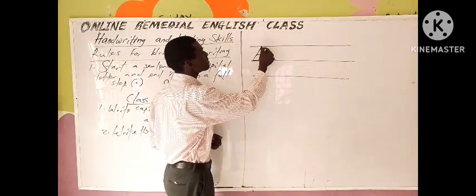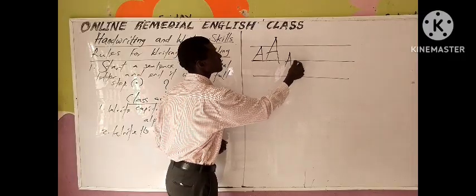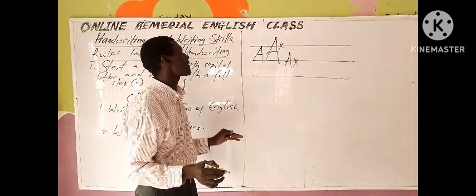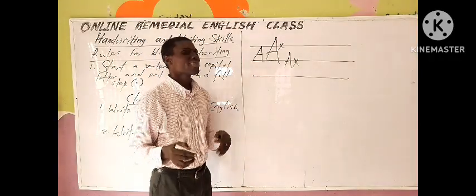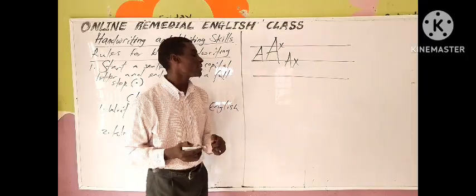So to write a capital letter A like this or like this is wrong. Absolutely wrong. And yes, you may be having your own style. Please learn the correct thing.